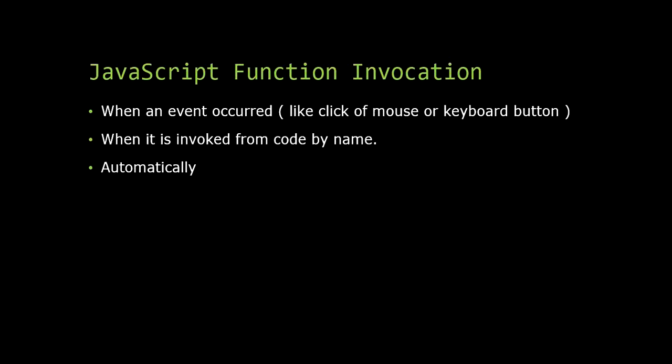There are so many events available, and we can directly use the function name that will execute that particular block of code, and automatically we can set that particular function to be executed.